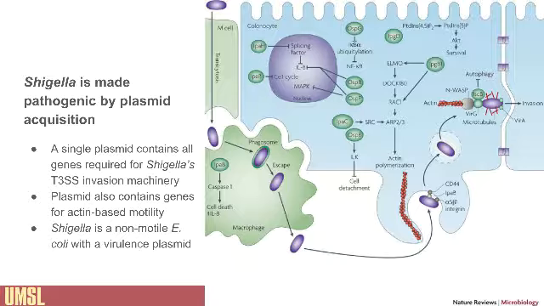Once inside the host, this same type 3 secretion system delivers more effector proteins that degrade the vacuolar membrane and basically allow Shigella to be an intracellular pathogen. We talked about how Shigella gets around using actin-based motility.